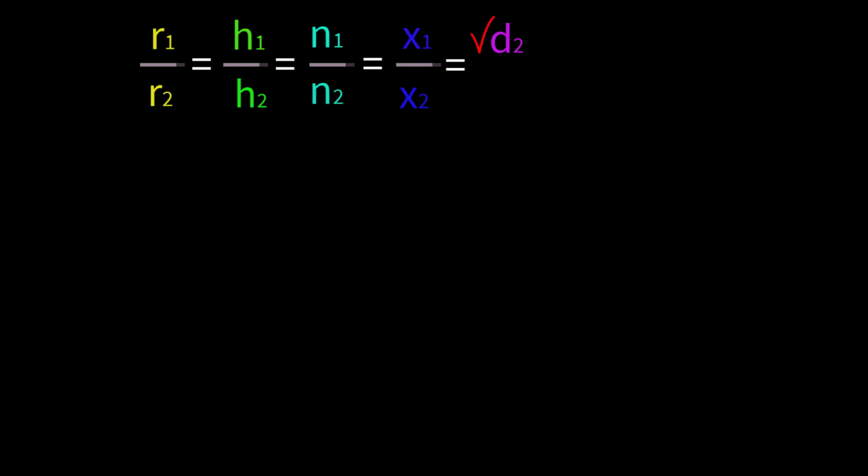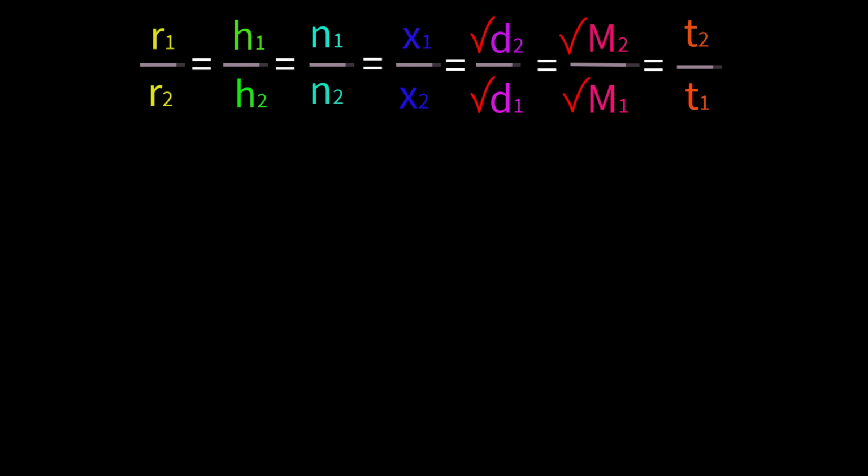R1 over R2 equals H1 over H2 equals N1 over N2 equals X1 over X2 equals square root d2 over square root d1 equals square root m2 over square root m1 equals t2 over t1.